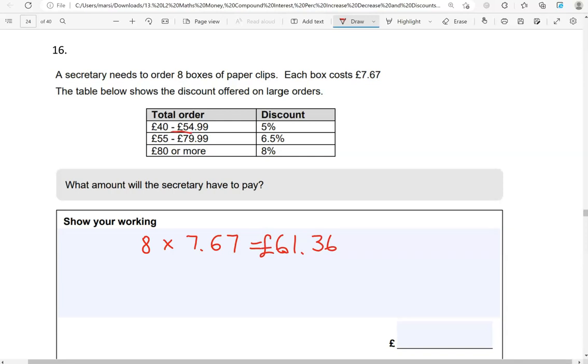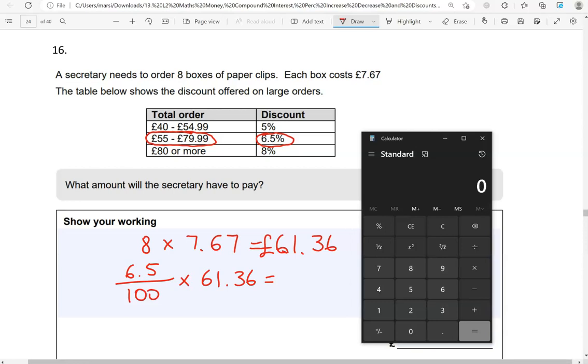That is within this range, which means there will be a 6.5% discount. So 6.5%, which is out of 100 of the amount, £61.36.